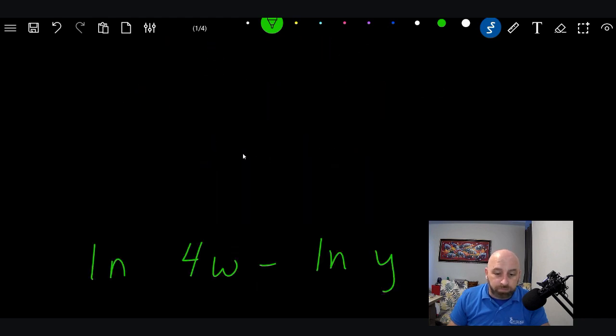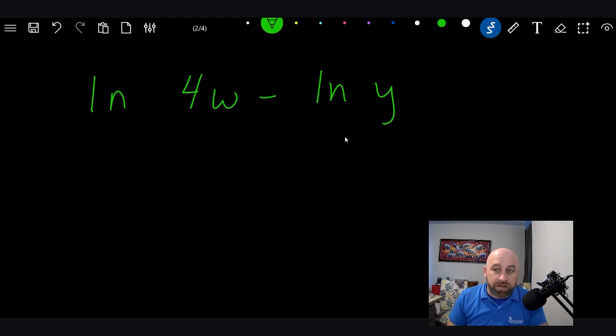The next one is this natural log problem. Again, we notice that we have a big expression. It's got a plus or minus sign in it, and we need to condense it down. Notice what I'm looking at here is a negative sign, a subtraction sign. Do you remember what we would do? Remember, if we are doing the quotient property, if we're dividing, we subtract. So we're going backwards now, so this is going to be a division problem.